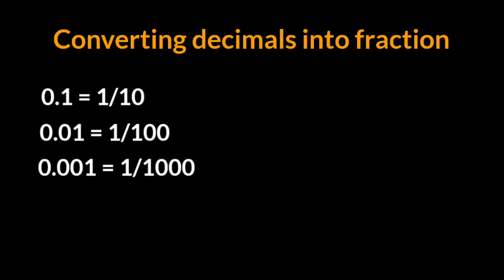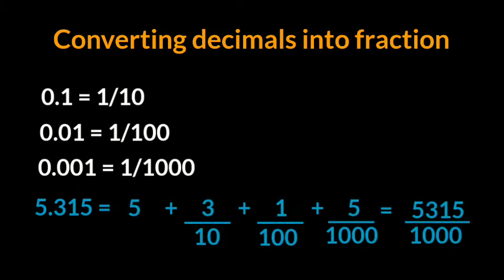That's why we have 0.01 will give you 1 divided by 100. The next example is 0.001, which will give you what? 1 divided by 1000. Now, taking us back to the previous example we did, which was 5.315, we could see that the integer is 5 plus 3 divided by 10, which is the first place decimal point.